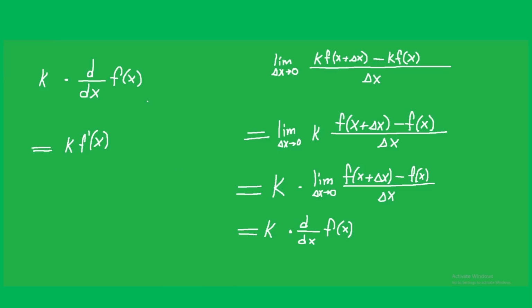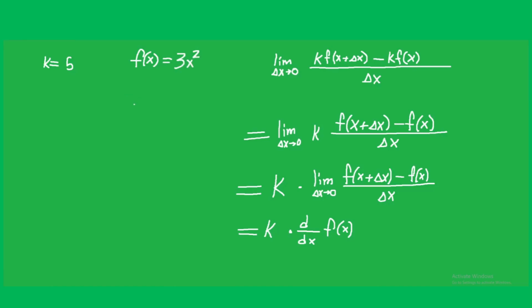And I'm going to use this in an example here. Let's say our constant here is 5, so k equals 5, and let's say f of x equals 3x squared, right? Now, I'm going to write this up here.